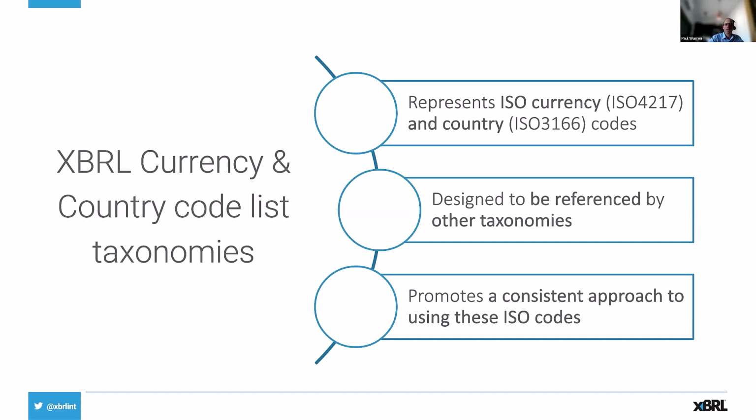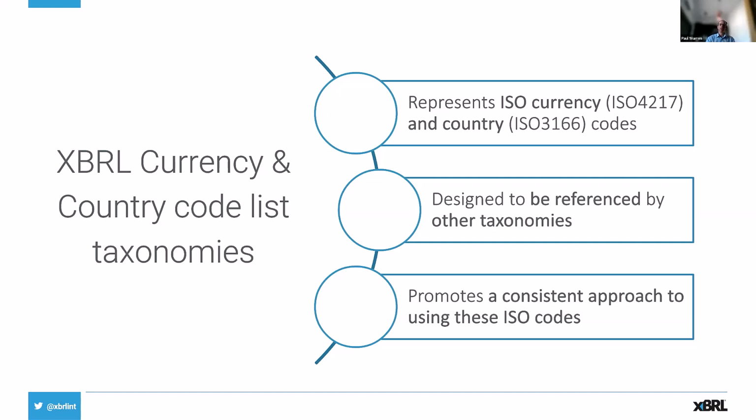These taxonomies are designed to be incorporated into other taxonomies. So if you are a data collector or a standard setter and you're building a taxonomy and you need to make use of currency or country codes, then you can import one of these taxonomies in order to model that in a standard way.